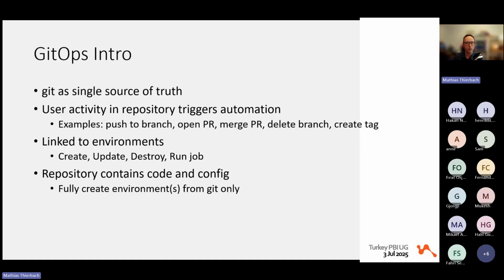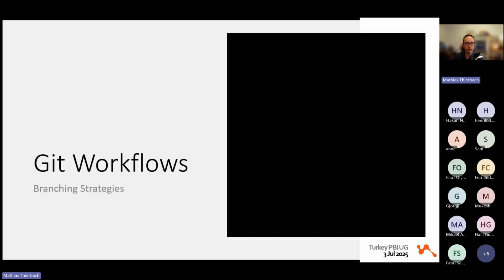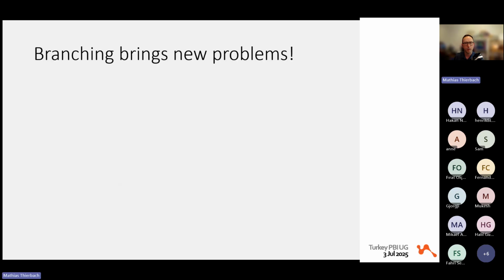That means you would be able to basically lift and shift an entire repository and recreate everything that makes up an environment just from what's in that repository with no further involvement necessary.